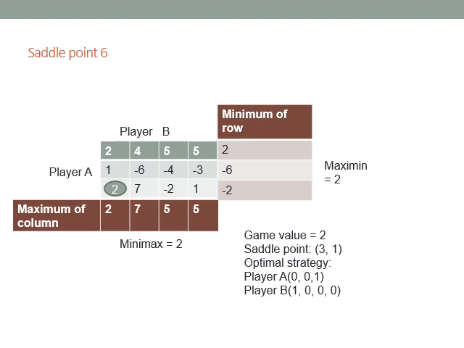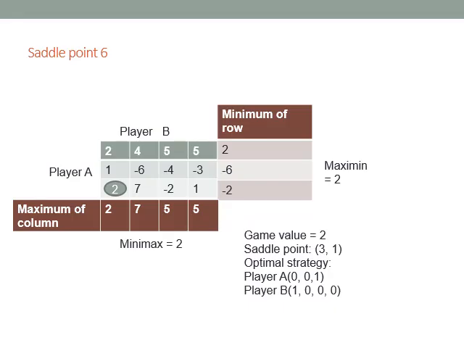If there are 2 columns, that means player B has 2 strategies. As usual, we are going to apply the minimum of row and select the least value of each row.